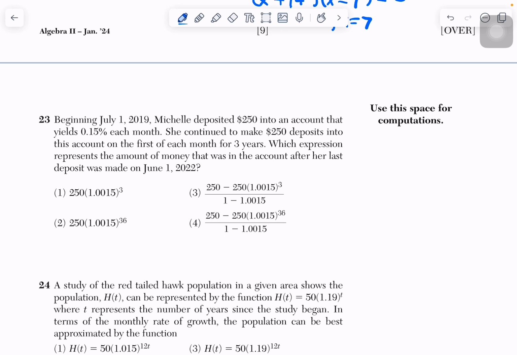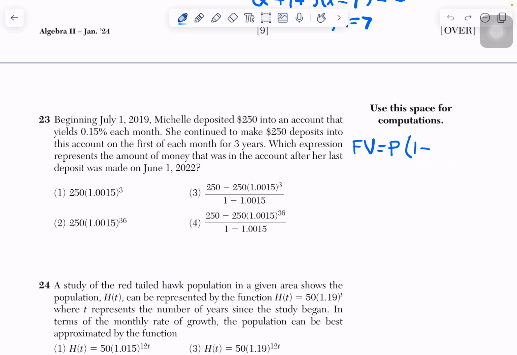So if you want to know a future value, it is equal to the principal, the first payment, the amount you put in, times 1 plus the rate raised to the n over 1 minus... let me take that back.